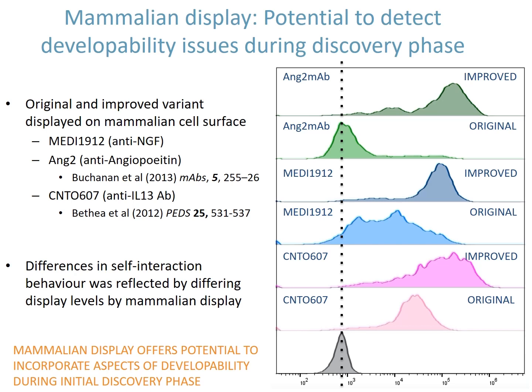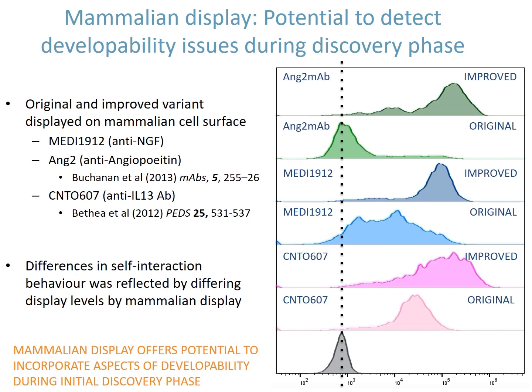We also picked 2 other examples from the literature of antibodies where a parental antibody with developability problems had been fixed by mutagenesis: an anti-IL-13 antibody from Centocor, described in this paper by Bethea et al., and an anti-angiopoietin antibody, again from Medimmune.